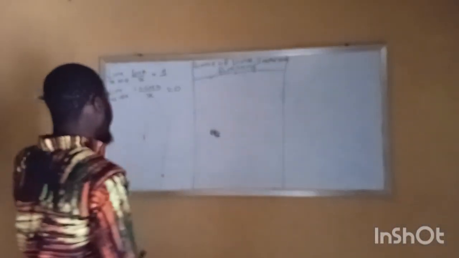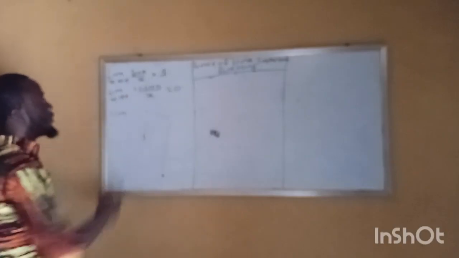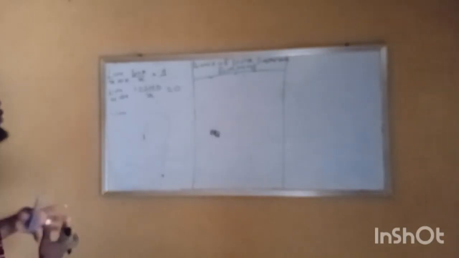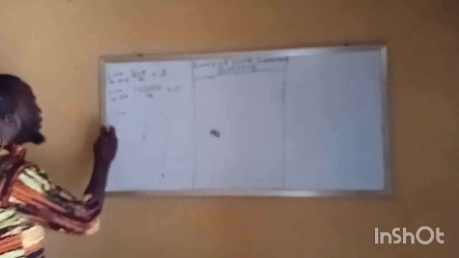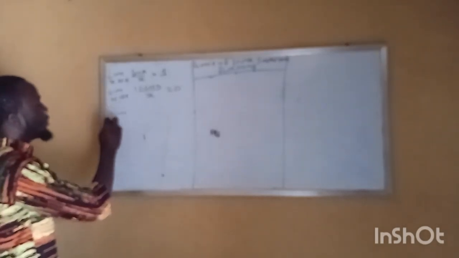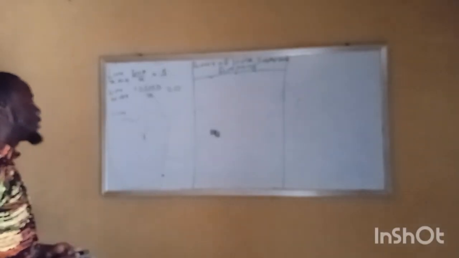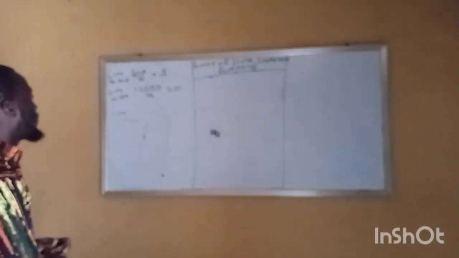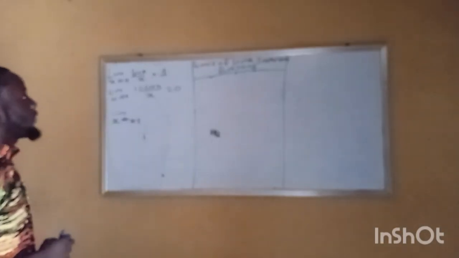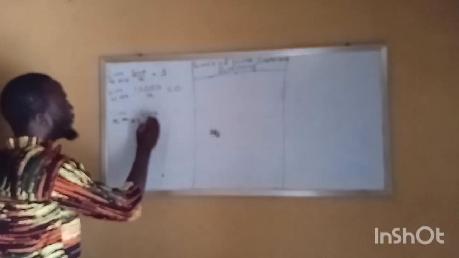Let's try to prove this. We said the limit of x tends to 0 of sine x over x is equal to 1. So let's use a number very close to 0, like 0.1. You should write the limit of x tends to 0.1 of sine x over x.